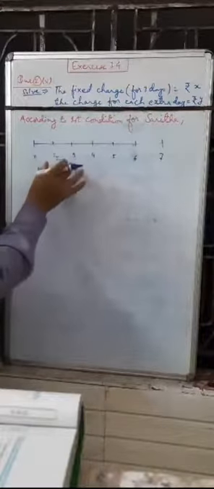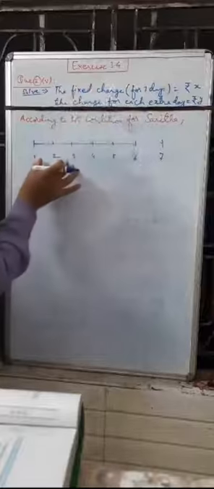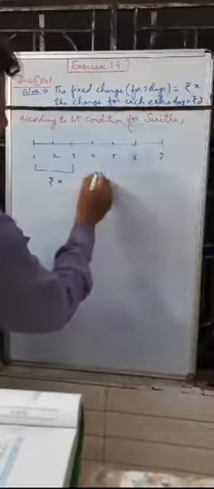For 3 days, Sarita has to pay only rupees x, the fixed charge. But for the extra days, 1, 2, 3, 4, the charges for each extra day is rupees y. So what will it be? Here, 1, 2, 3, 4, so 4 into y.